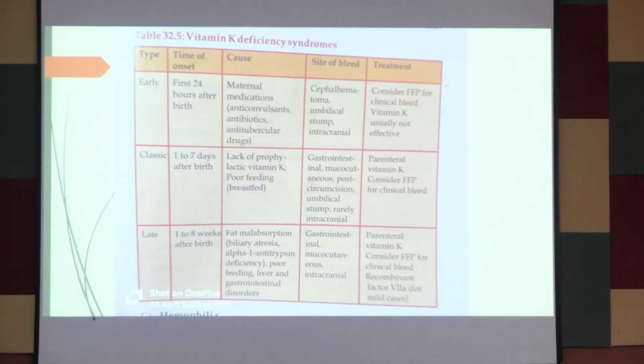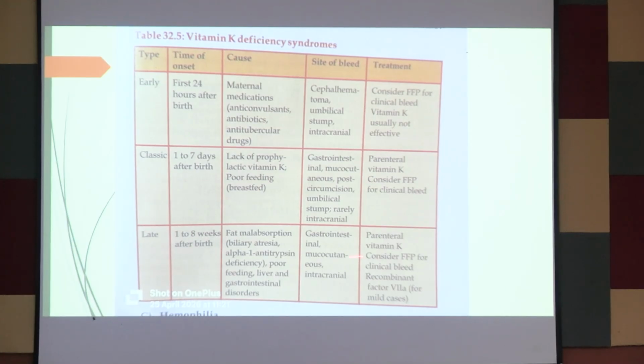Treatment: what will be the treatment? In early HDN, vitamin K is not that effective, so FFP will be given. In classic, both parenteral vitamin K and FFP can be given. Vitamin K in IM, intramuscular, or intravenous route. Normally, we give it by intravenous route because there will be more chances of bleeding in intramuscular route.